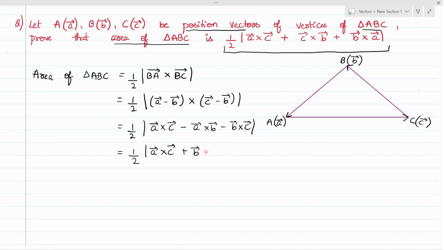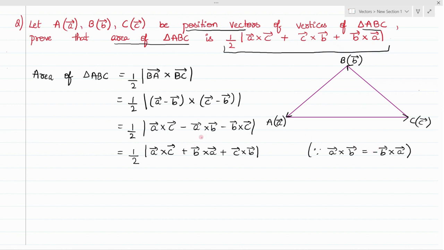Similarly, plus C cross B. There is a property which tells A cross B is equal to negative of B cross A because direction comes into account. This is the reason why it becomes minus of B cross A.